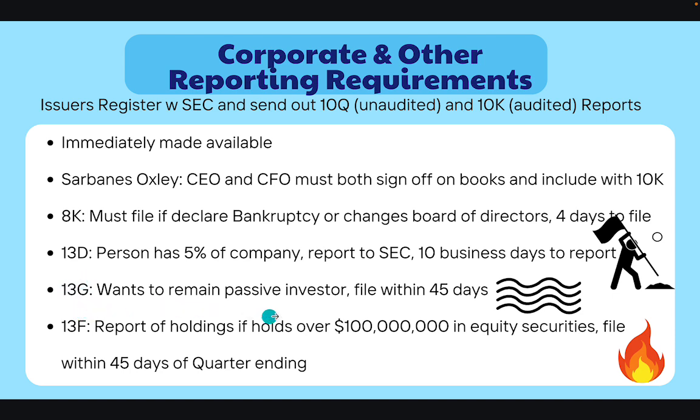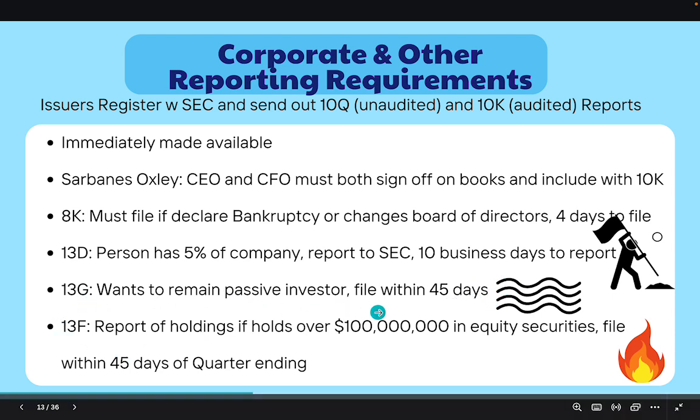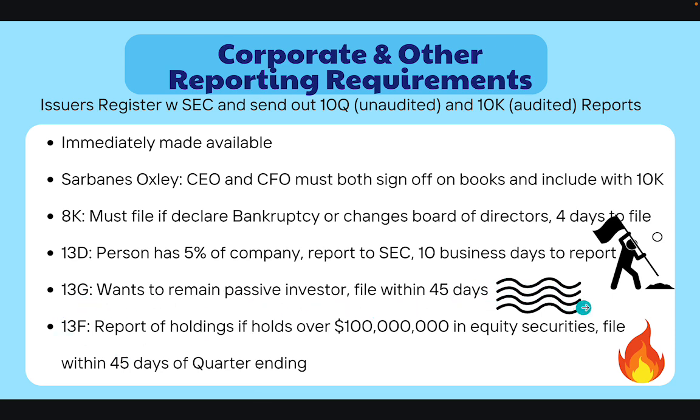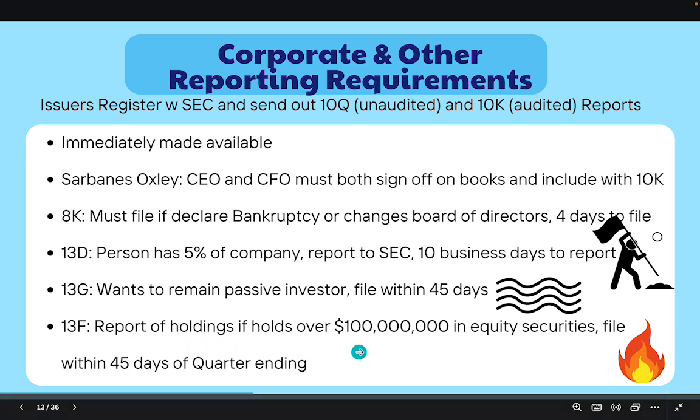They want to remain passive investors, so they have to file within 45 days. They just want to go with the flow. And then there's 13F. These are on fire. The report of holdings: if they hold over $100 million in equity securities, they have to file within 45 days of the quarter ending.